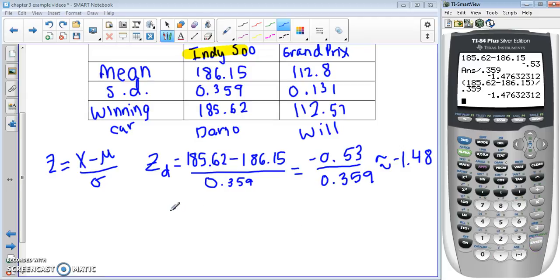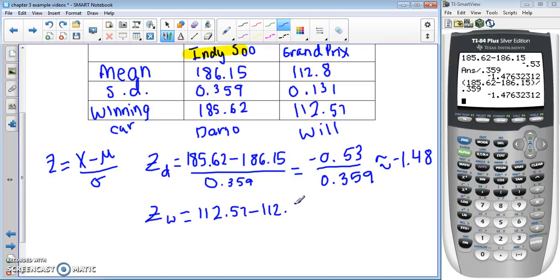We'll get the same answer. So let's look at Will Power's z-score, and I'm going to use W for Will Power. So we're going to take his finish time and then subtract the mean and then divide it by our standard deviation here of 0.131. So let's just do this all at one time.